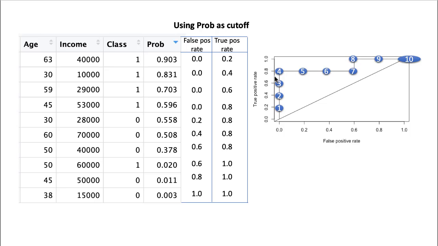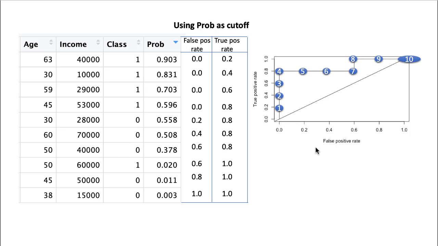So when you look at the ROC chart, of course this line basically represents the 45-degree line. This is the base rate that you have in the system.